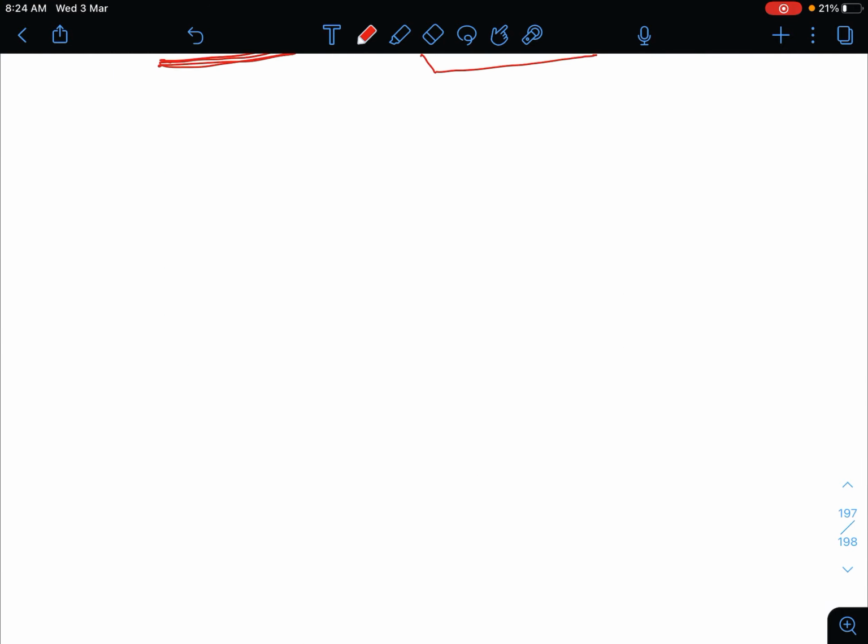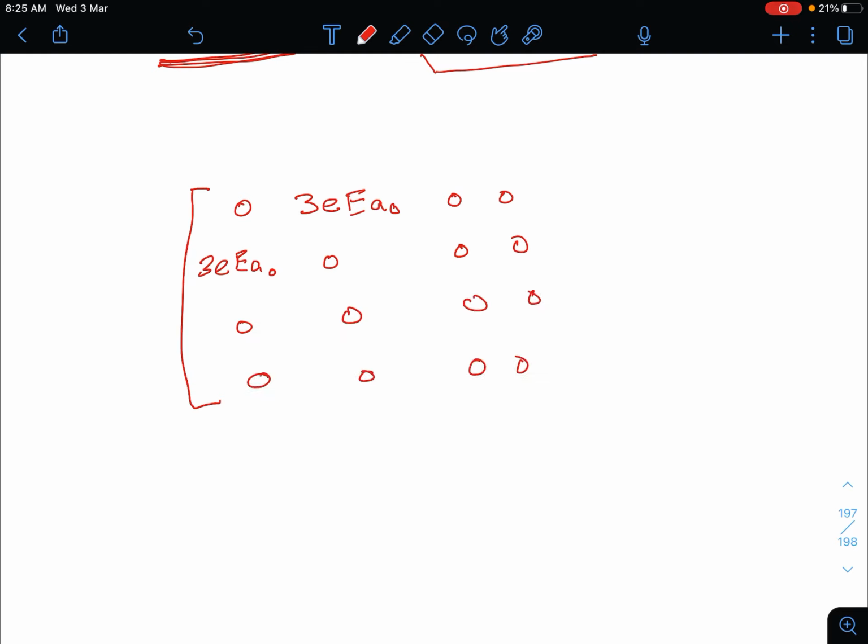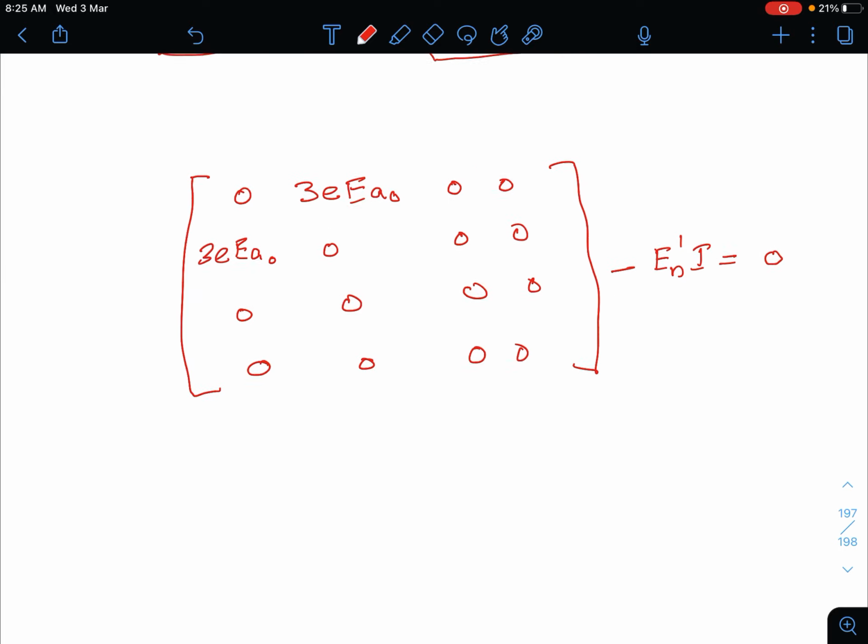What was our secular equation? 3E, E, a0 and the zeros, minus E n1 I is equal to 0. Okay, that we have got.